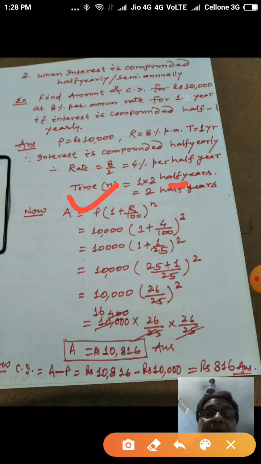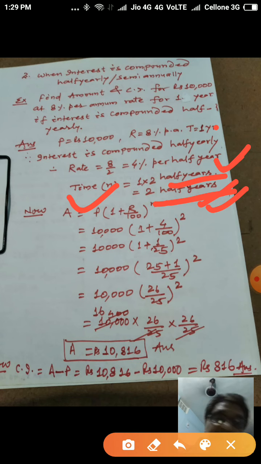Orally you can also tell that in 1 year there are 2 half years, so multiplying by 2 changes years into half years. So now time is 2 half years and rate is 4% per half year.